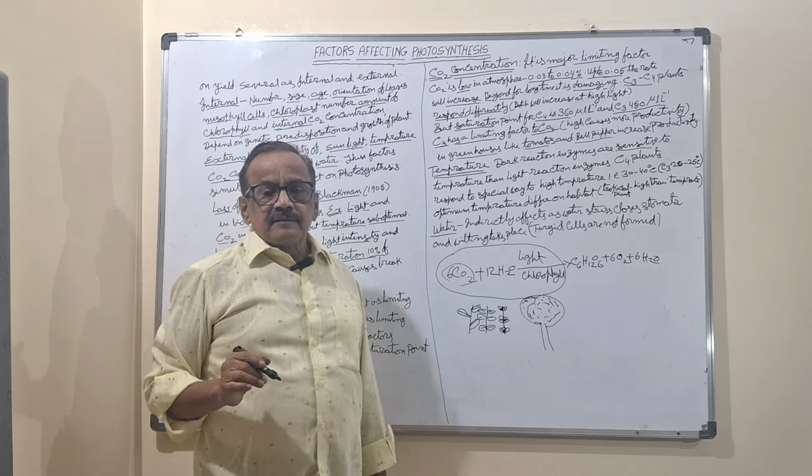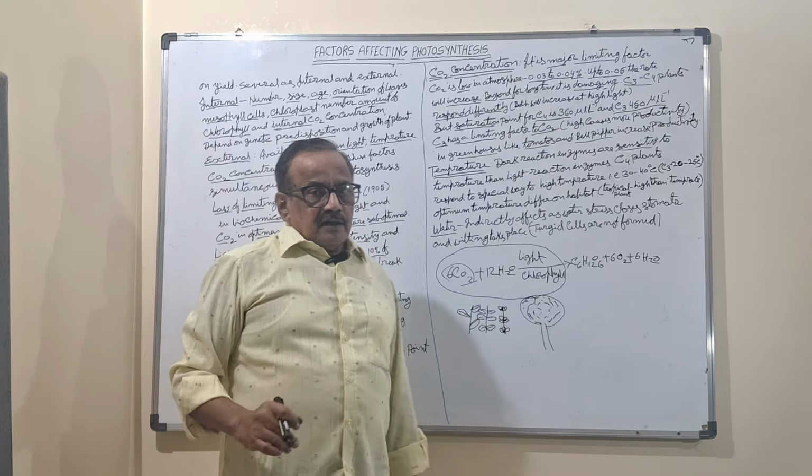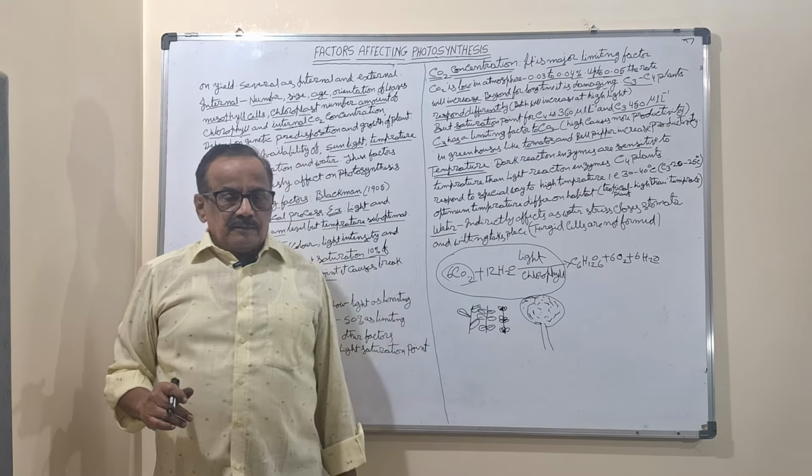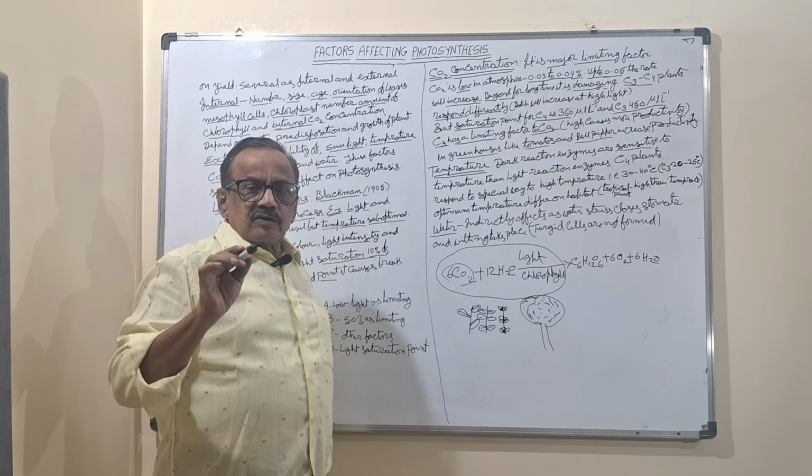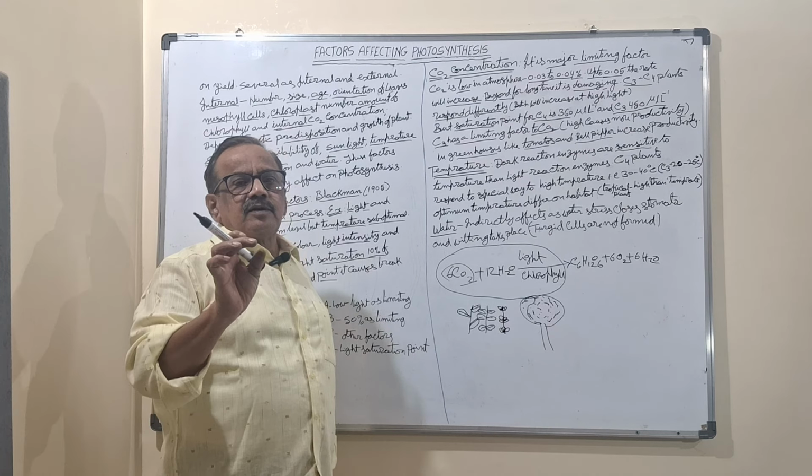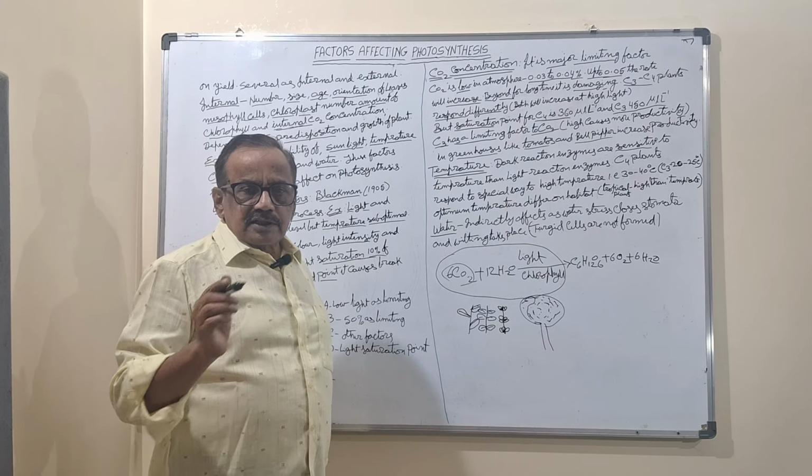How is it? Now you already know that when the needed water is not available properly to the plant, the stress hormone will be released and the stomata will be closed. In the C4 plants also I discussed the same thing.